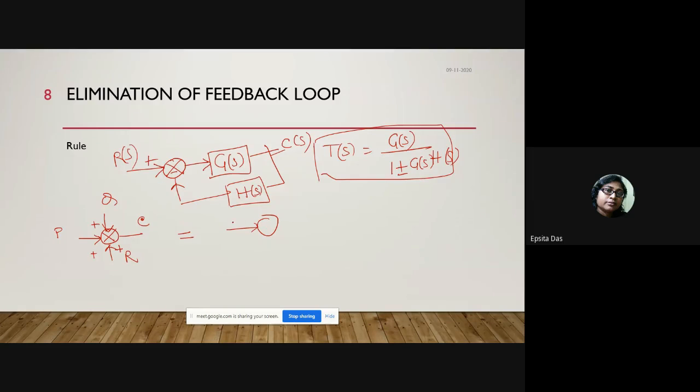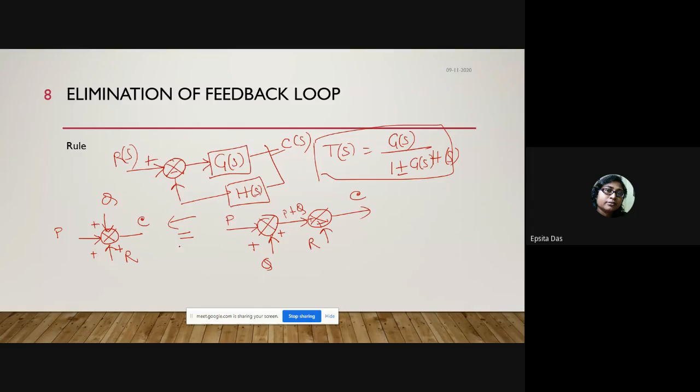Now sometimes we can also do it like P plus Q. This is a summer, and P plus Q is coming here. I need to have R also, so I am taking R also here, and then I can write here C. So I am actually dividing this summer into two, or I can go in the reverse direction also.